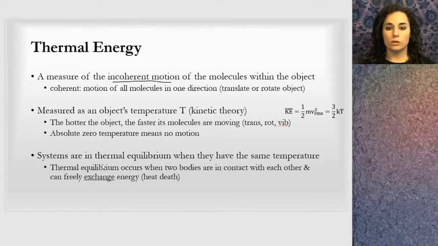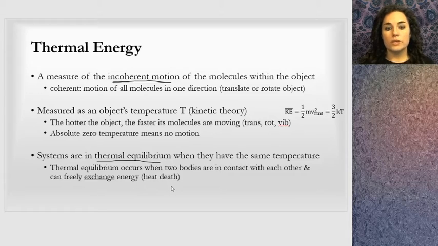You will see the term thermal equilibrium, and by that we mean that two systems have the same temperature. Two objects in contact with one another does not mean that they aren't exchanging energy, but that this energy is freely flowing between them at some constant internal energy state that we can measure with temperature.